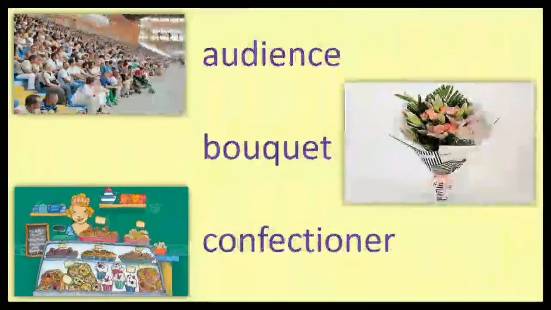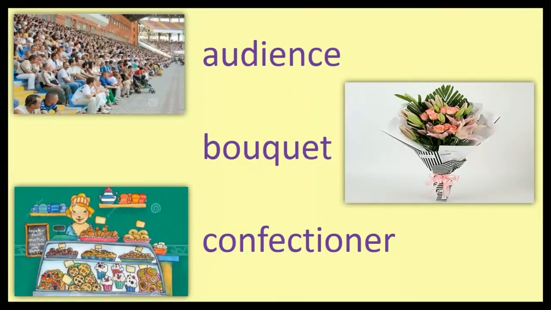So students, the first picture can be described as audience, and in the next picture a bunch of flowers can be described as bouquet, and in the third picture the person who is selling candies and cakes is known as confectioner, right?